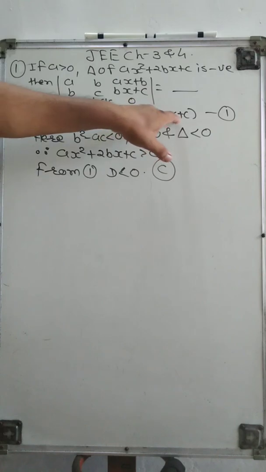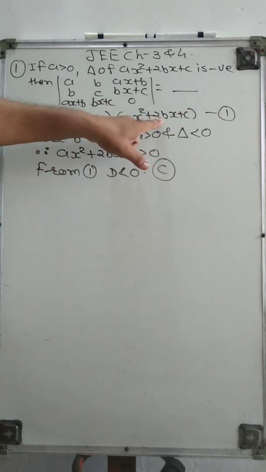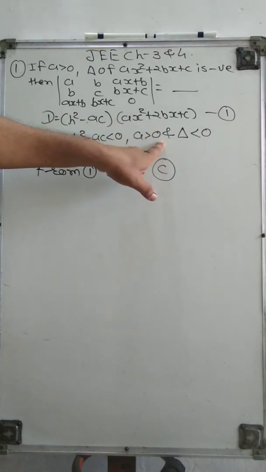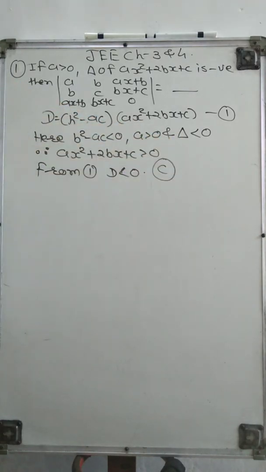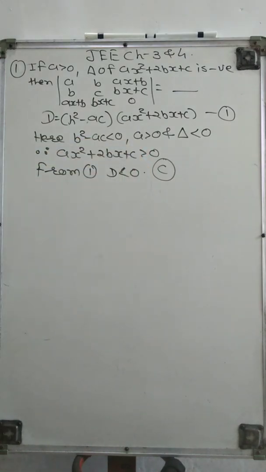And ax square plus 2bx plus c is also greater than 0, because a is greater than 0 and delta is less than 0. Now one term is plus and the second is minus, so ultimately the answer is negative.